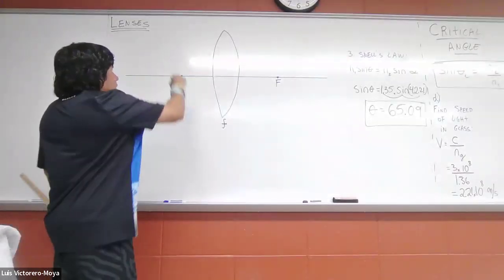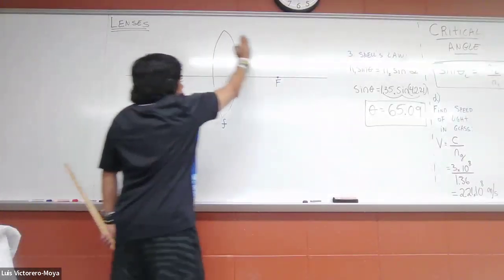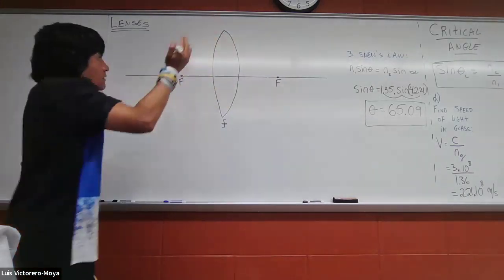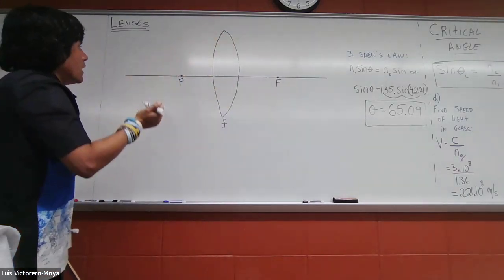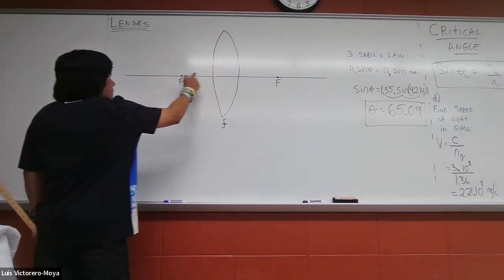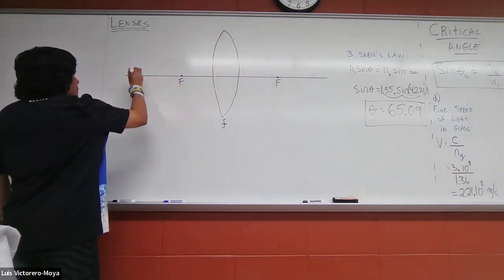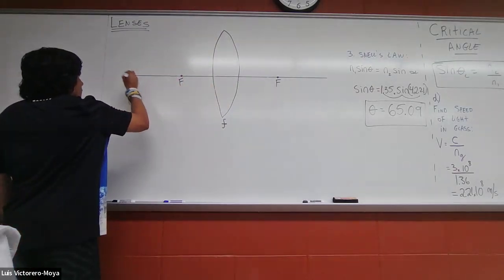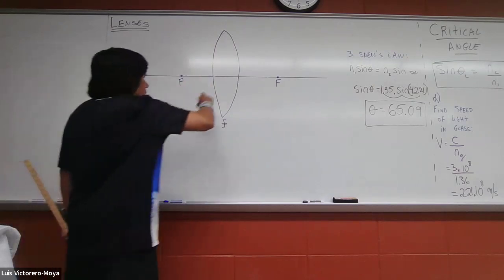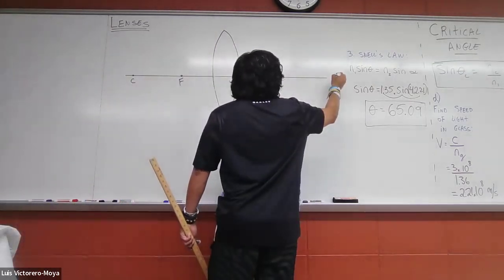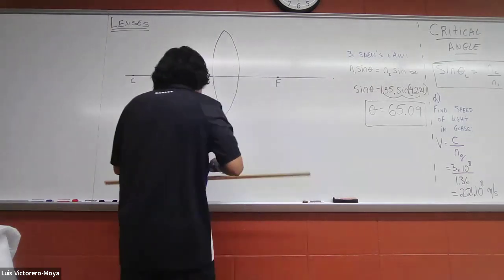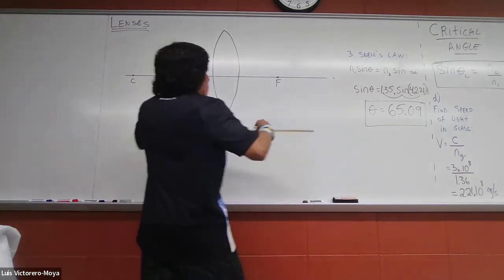Because remember, you can place the object here or here. And then the radius of curvature, similarly, there. And you can do that also over there. Okay. Right?